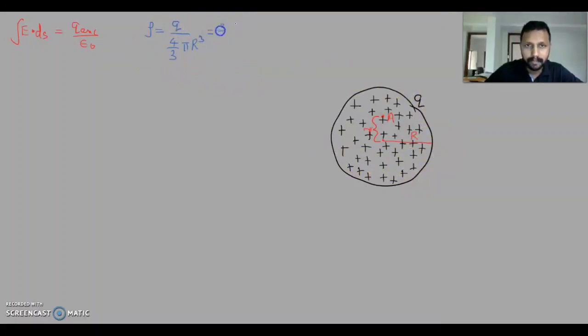Therefore, we could write 3Q divided by 4 pi R cube. This is the volume charge density.